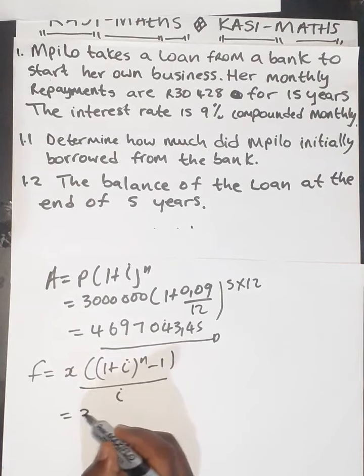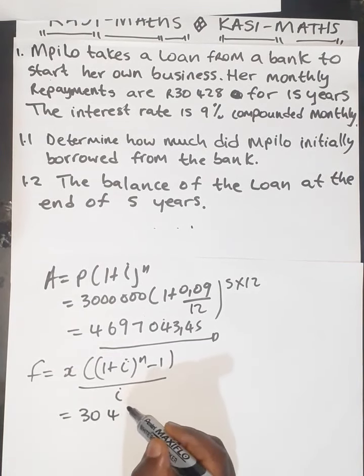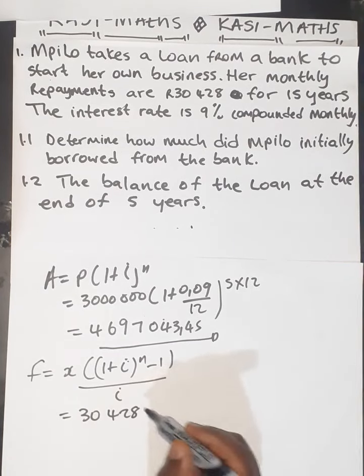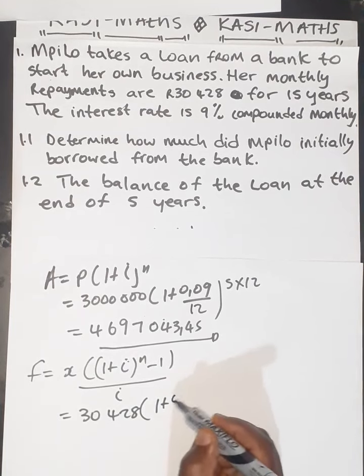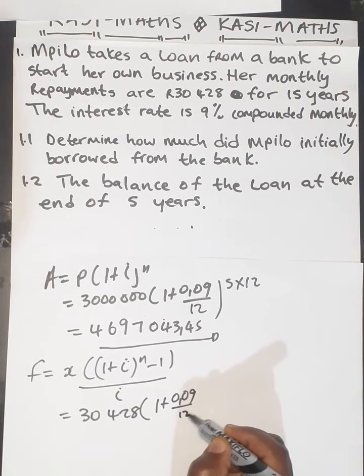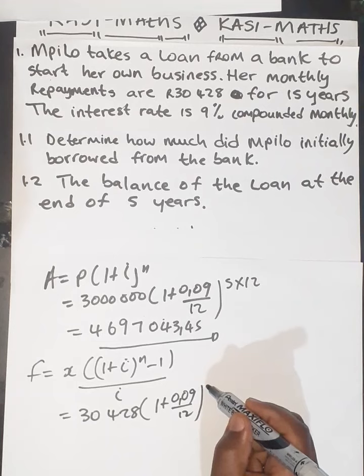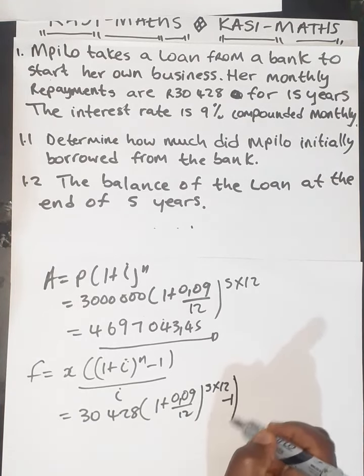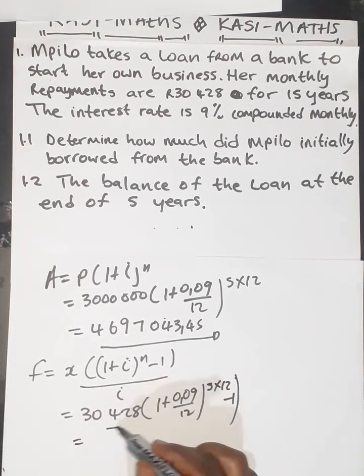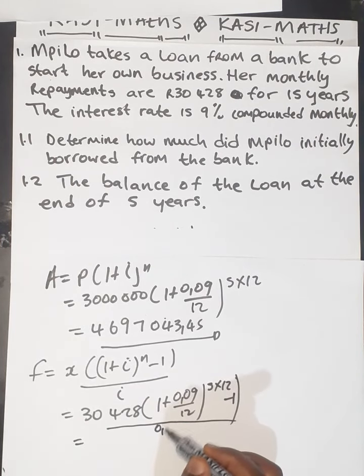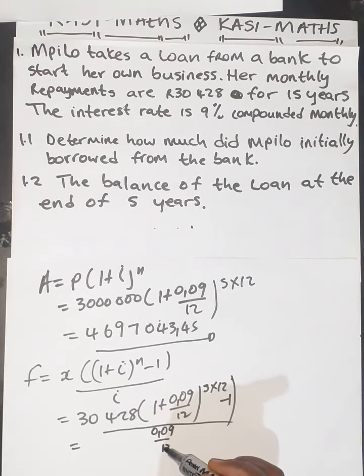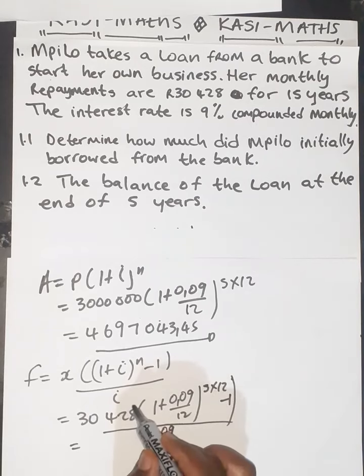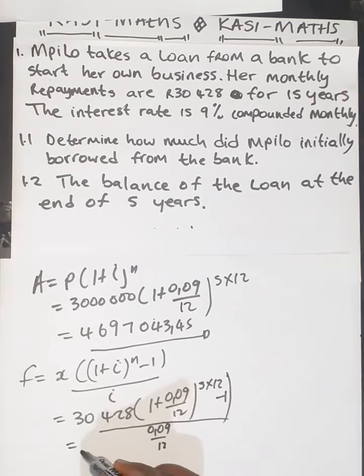X will be 30,428, then 1 plus interest rate 0.09 divided by 12, raised to 5, since it's compounded monthly multiplied by 12, then all divided by 0.09 divided by 12.